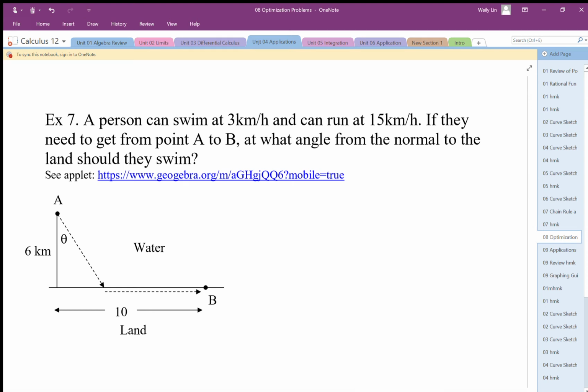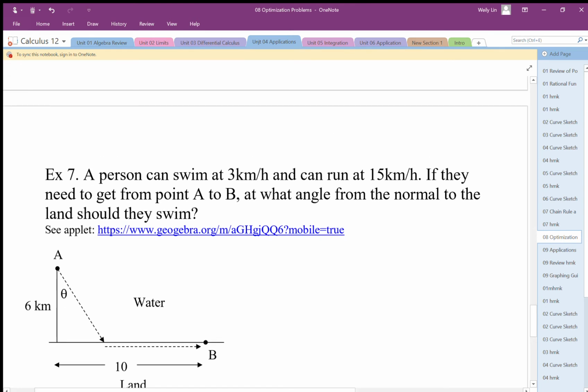Okay, so first of all, we need to remember our little triangle. The distance is velocity times time. So if I want to minimize time, they want to get there the fastest way they can.